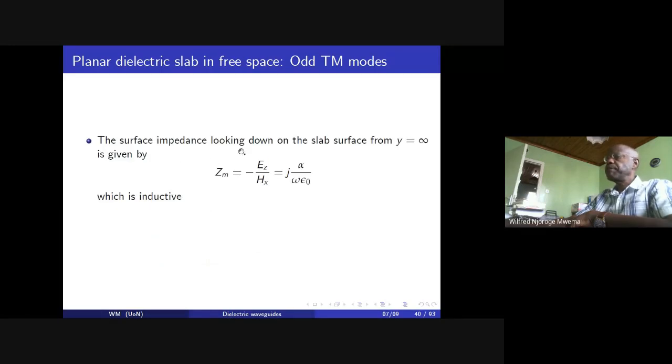So the surface impedance, looking down on the slab surface, that is, looking from the y equal to infinity direction, will be given by Zm equal to minus Ez by Hx, these representing the transverse fields in that direction when we are looking down the y-axis, and this is going to be given by j alpha by omega epsilon naught.